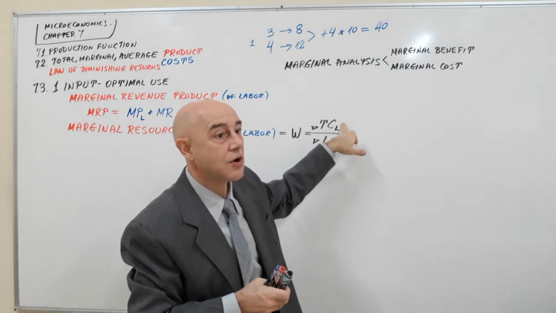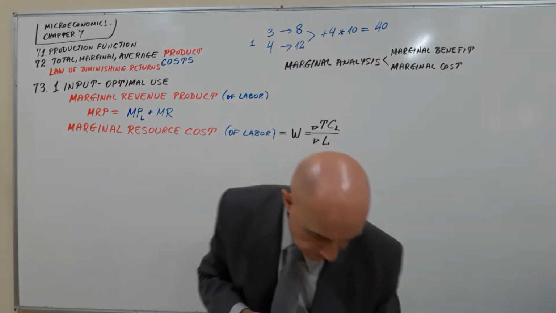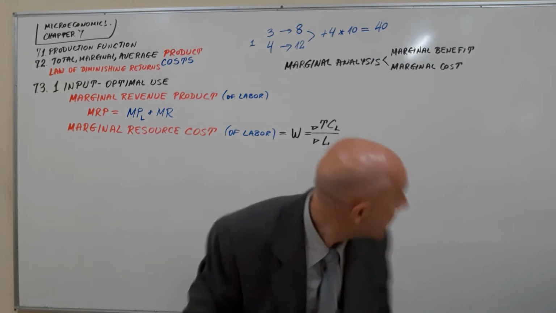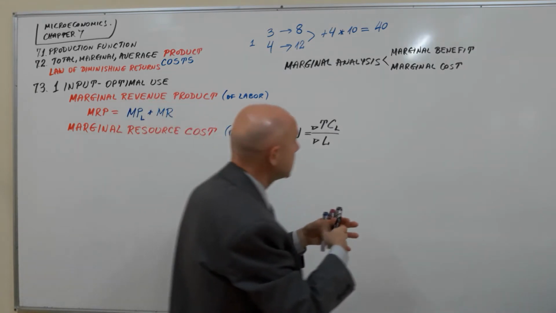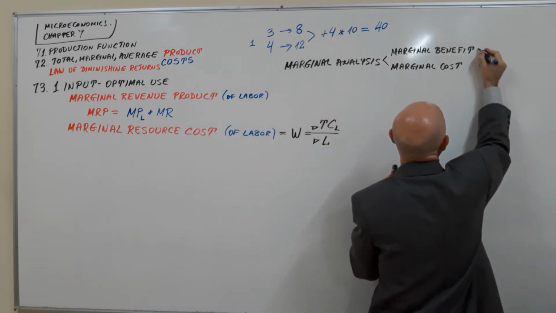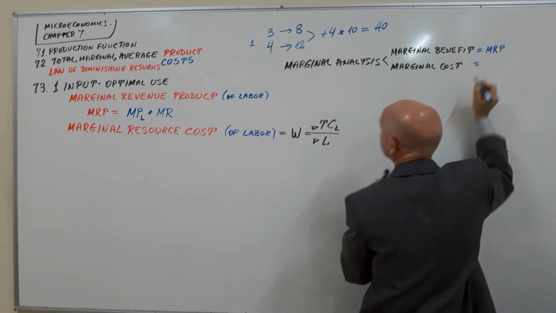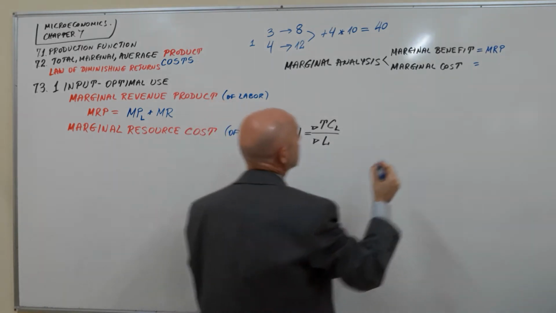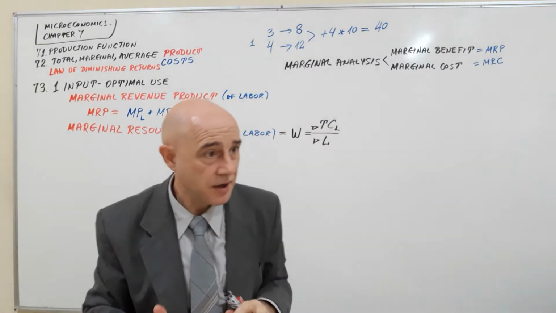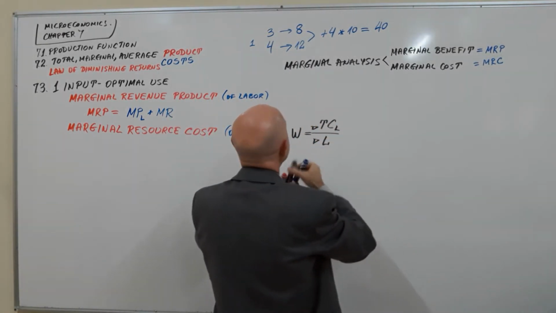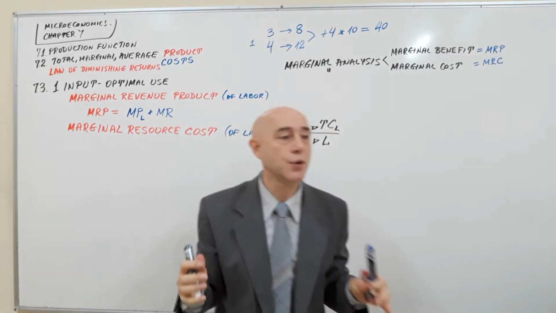Okay? So this marginal benefit is the marginal revenue product, and this marginal cost is the MRC. Okay?